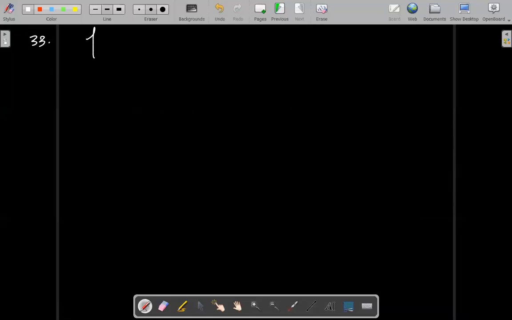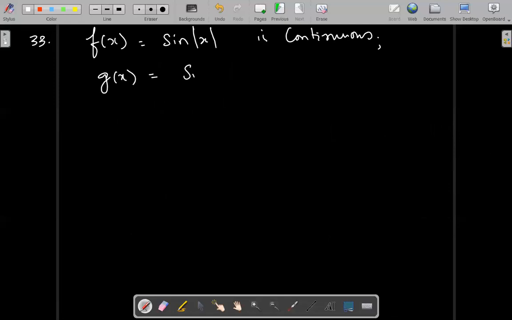33, show that f of x is sine mod x is continuous. So we will say g of x equal to sine x, h of x. You can take any one. Actually, g of x can be mod x. Only the order will change. Okay. So h of x is mod x.